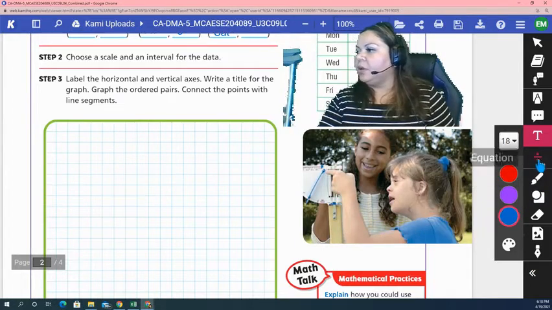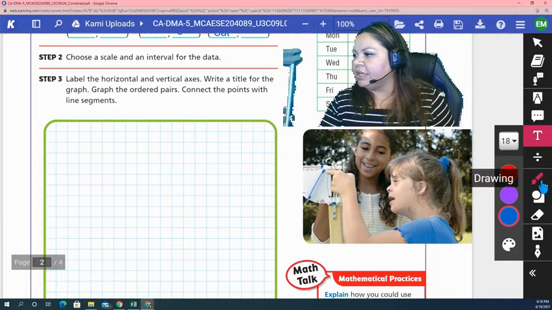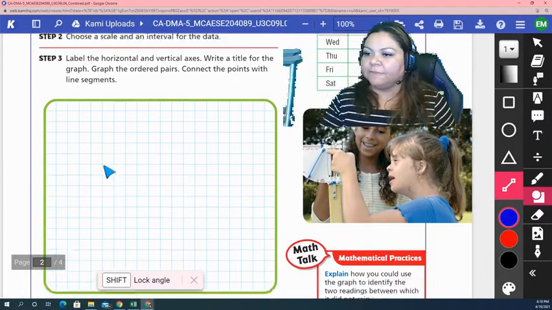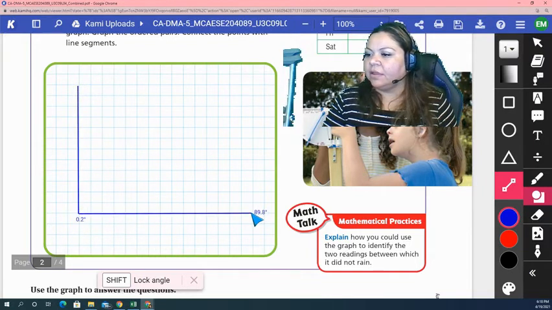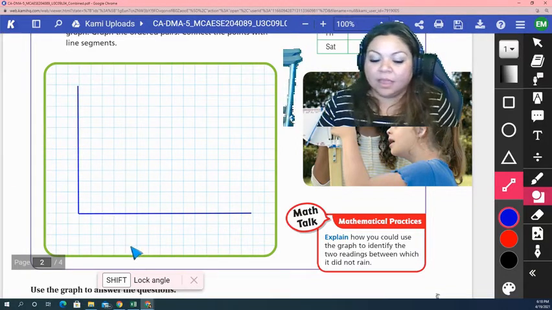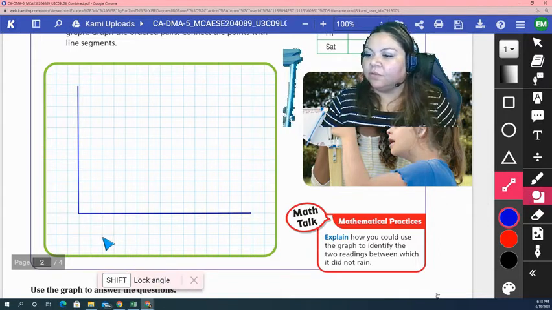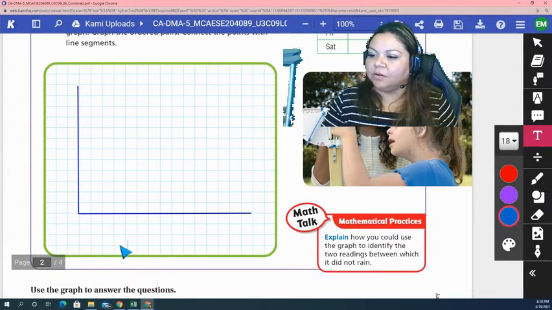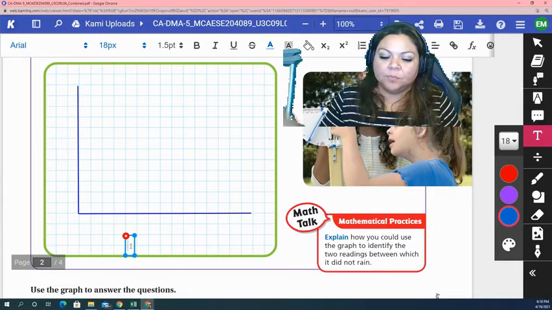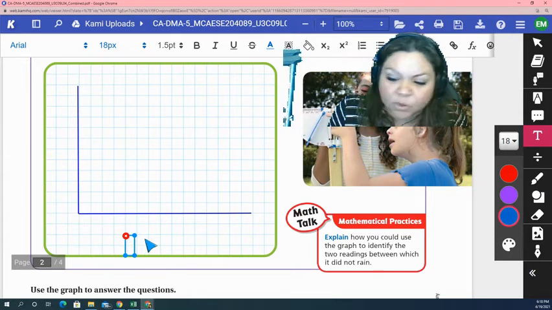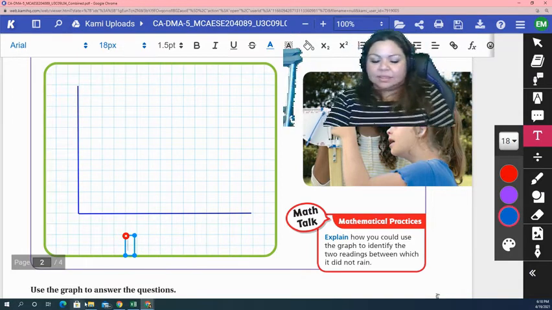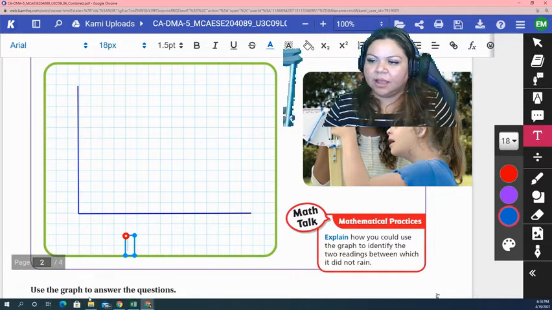So I'm now going to go ahead and make my graph, and I'm going to label my graph. So the first step is to actually draw the lines to make the graph. So remember, we have the x-axis, and then a y-axis. And then my next step is to label it, right? So first, down here, I'm going to label what it is that I'm going to put here. Will I put the day or the rainfall?